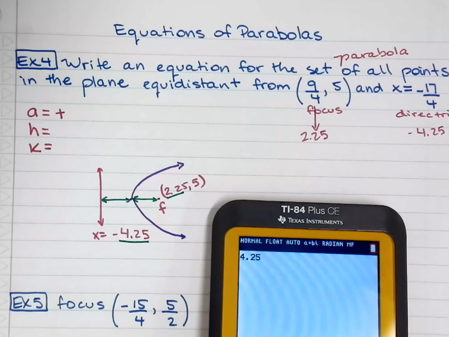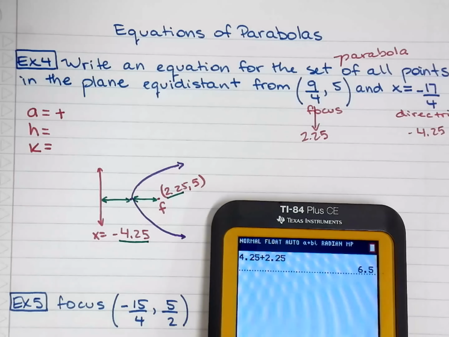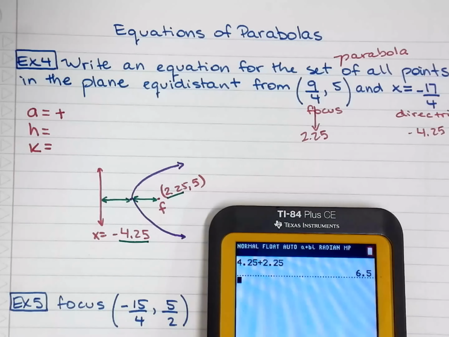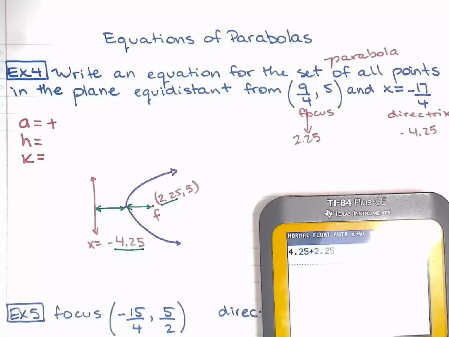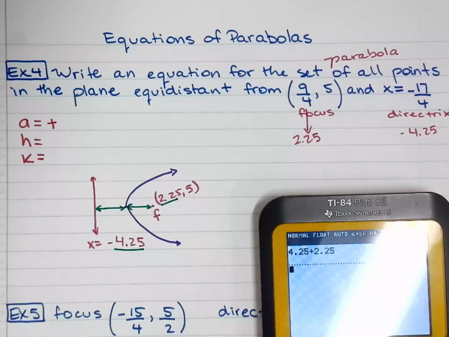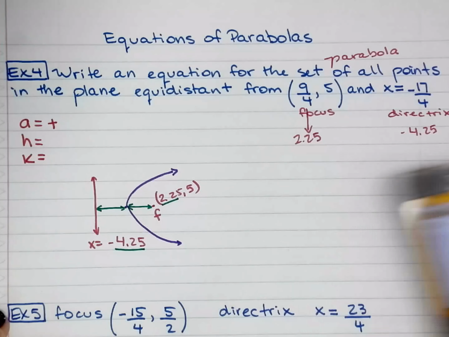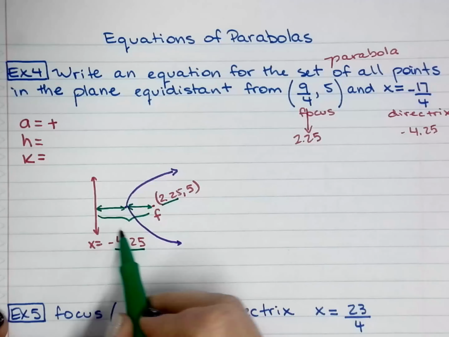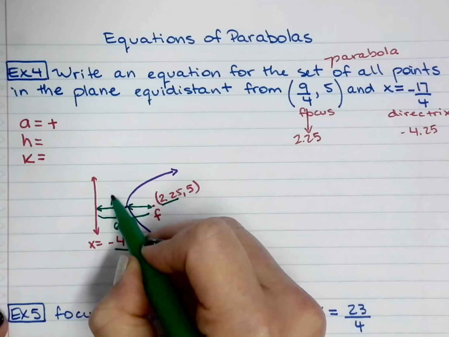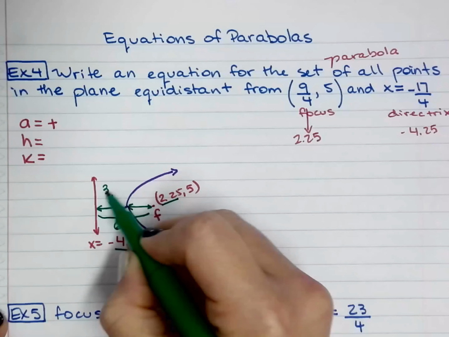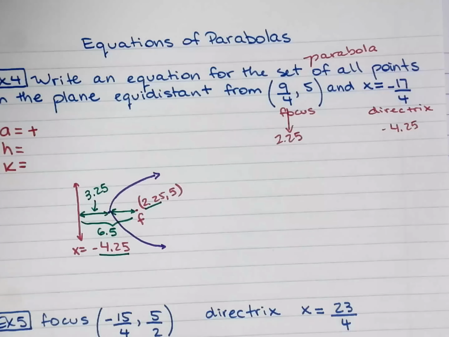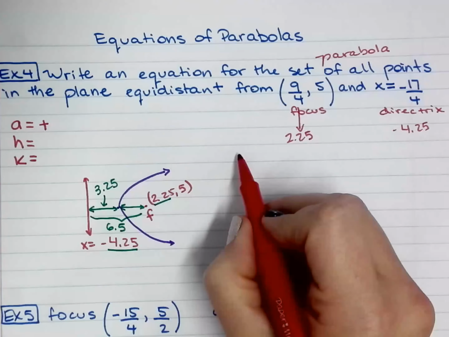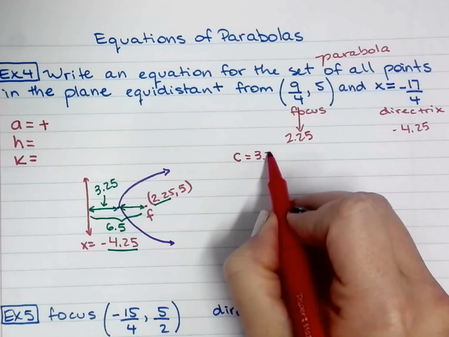So 4.25 and 2.25, the whole distance is 6.5. And half of it will be C. Half of it is 3.25. All right, so C is 3.25.